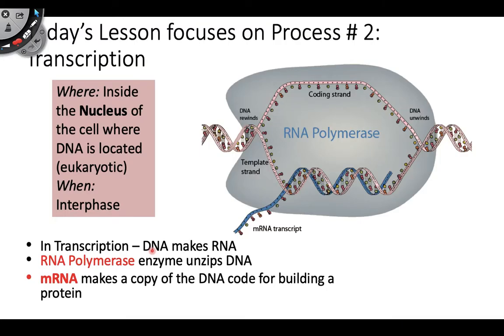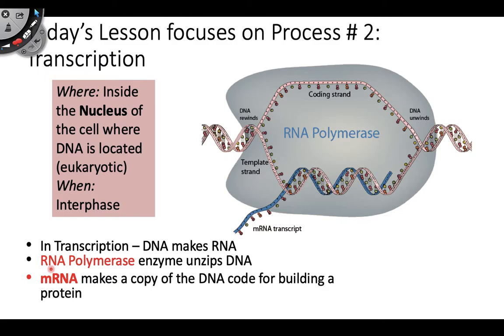All right, so for today's lesson, we're going to focus on process number 2, transcription. So what is transcription? Transcription is a process where DNA makes RNA. Where does it happen? It happens inside the nucleus of a eukaryotic cell. When does it happen? It happens during interphase of the cell cycle. What is the enzyme responsible for this process?